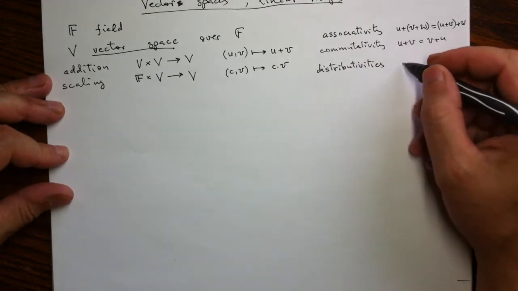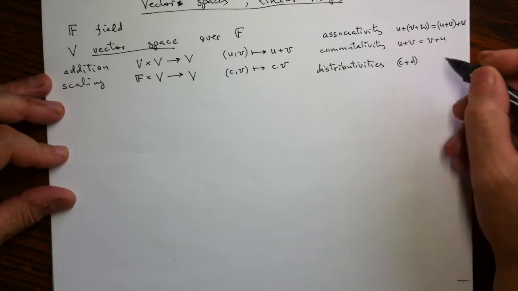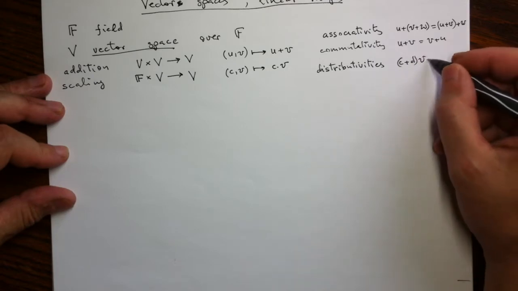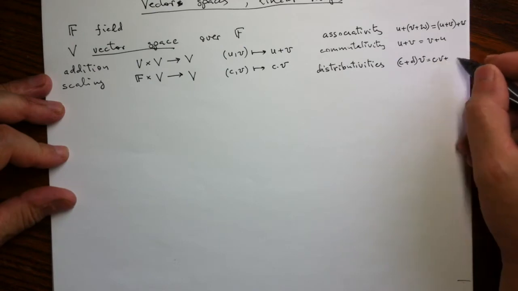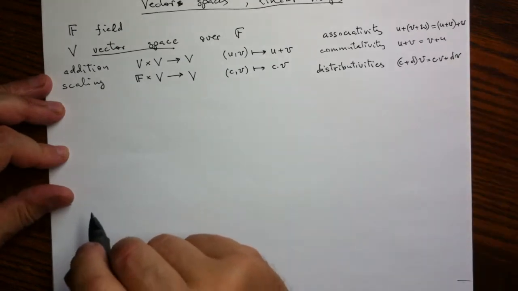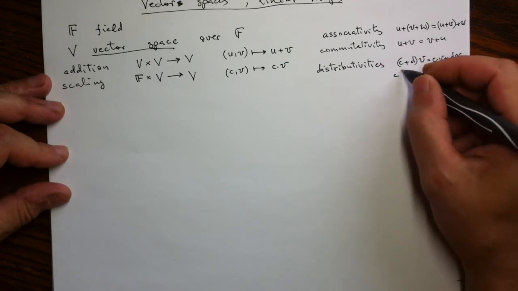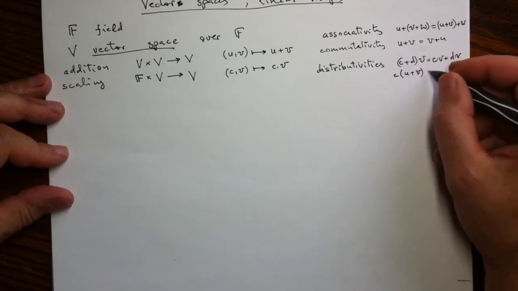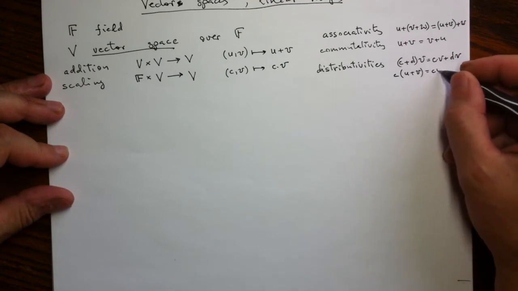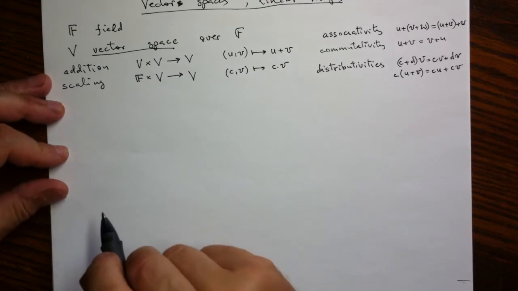One is: if we take two scalars c and d, take the sum, and multiply by a vector, it will be the same as if we take c and multiply by this vector, scale v with the other scalar, and then take the sum. Or we could take one scalar and two vectors, first compute their sum and then scale it up. That should be the same as if we scale each vector separately and then take the sum.